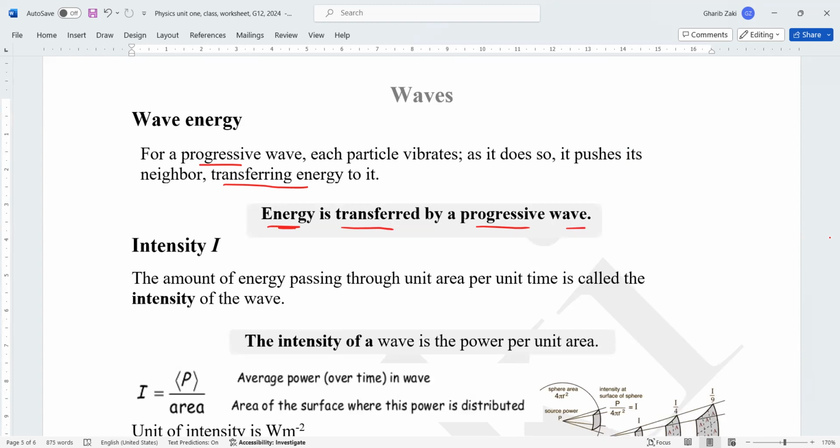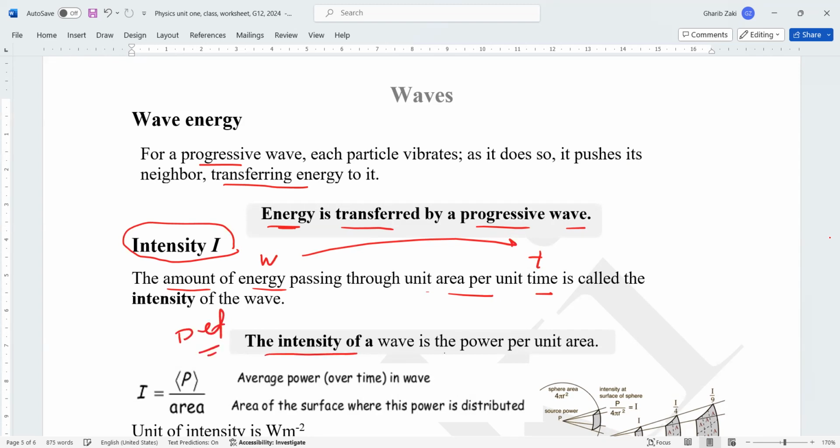Now we talk about what? Intensity, denoted by I. It is the amount of energy passing through a unit area per unit time. The energy per unit time is the power, so it is the power per unit area. This is the definition of intensity.